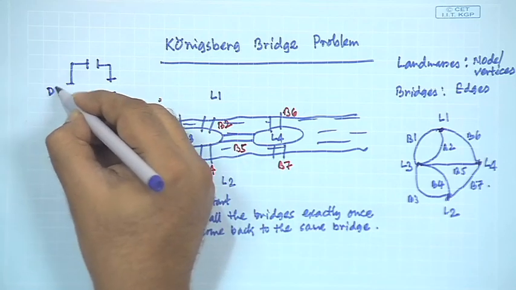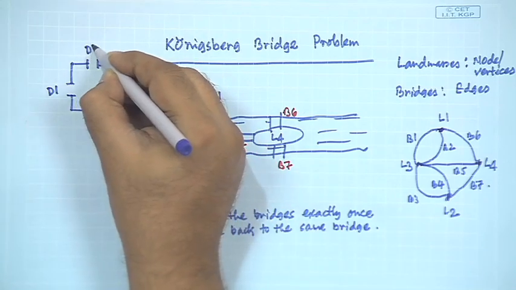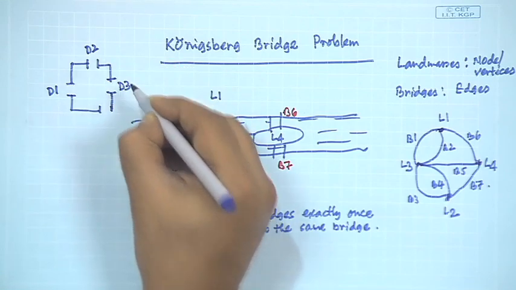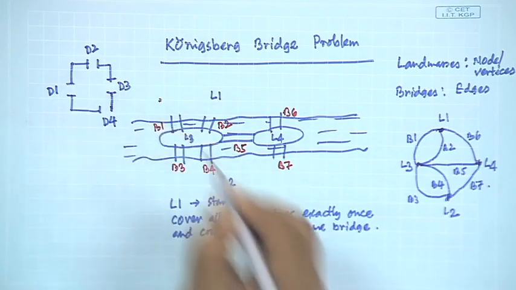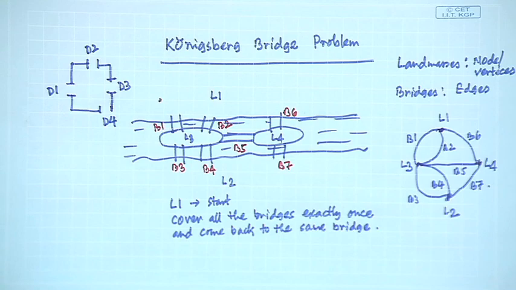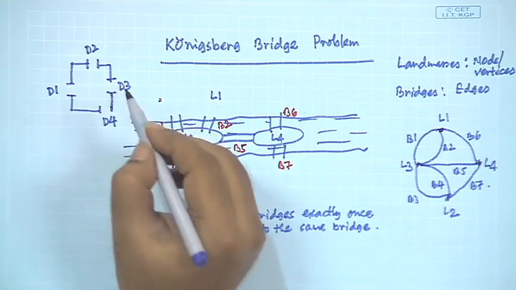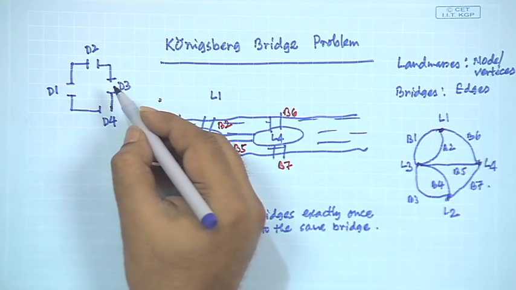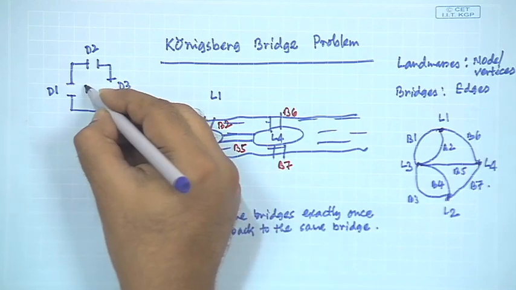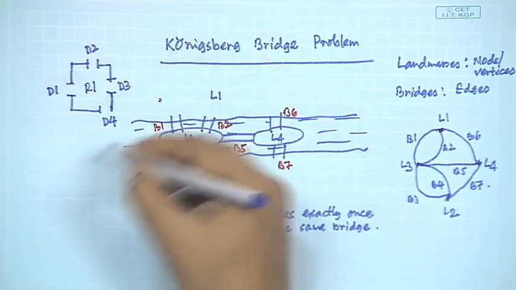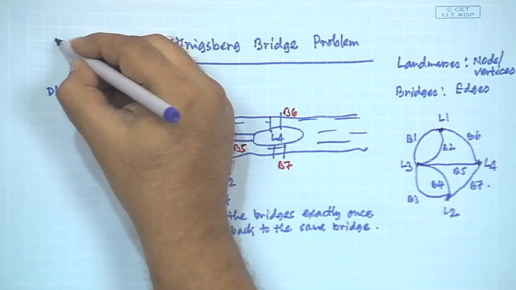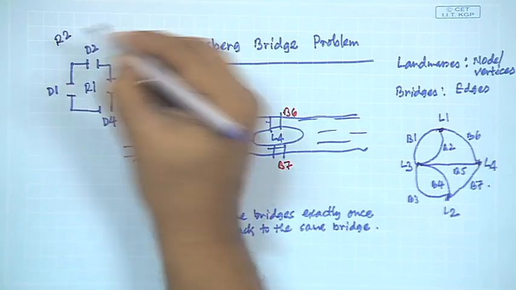So, call it D1, D2, D3 and D4. Now, question is that say this is room 1 and this outside is part of a bigger room, call it R2, right.